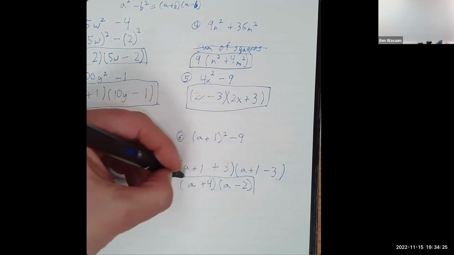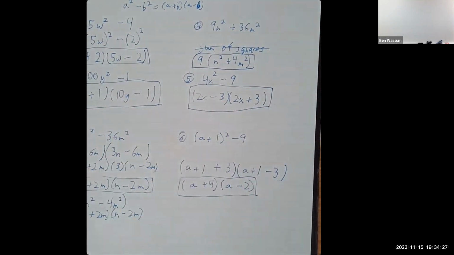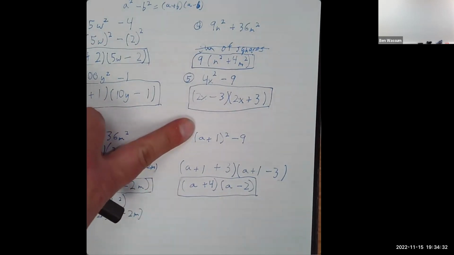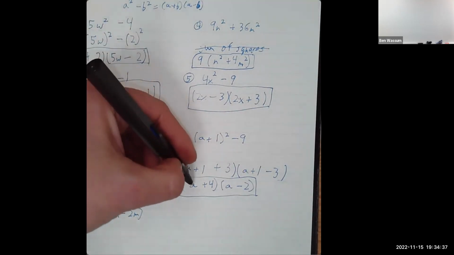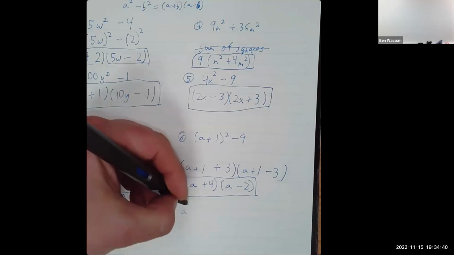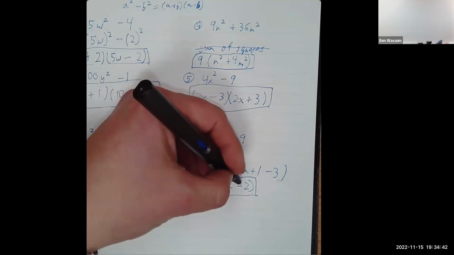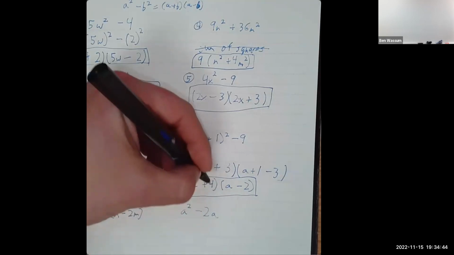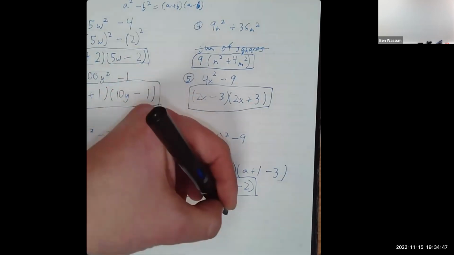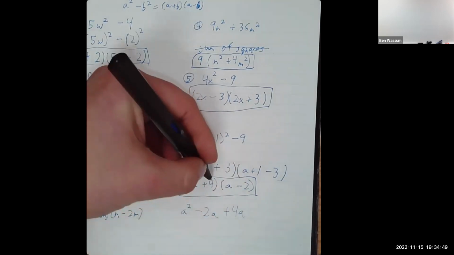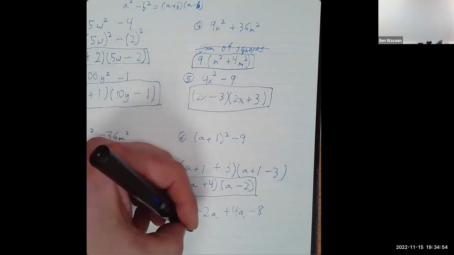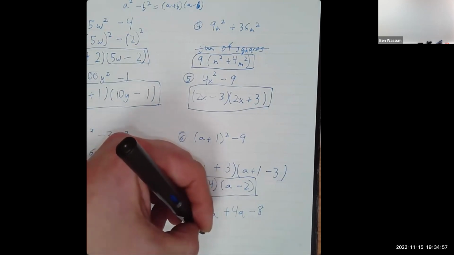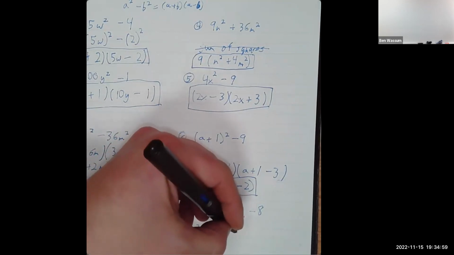But one thing I do want to show you guys, what the hell do I get if I distribute that out? Because we started with this, but what would I get? What if I FOILed this guy out? A times a squared, a times -2, so outer, minus 2a, inner, 4 times a, plus 4a, last, 4 times -2, -8. Combine like terms, a squared plus 2a minus 8.